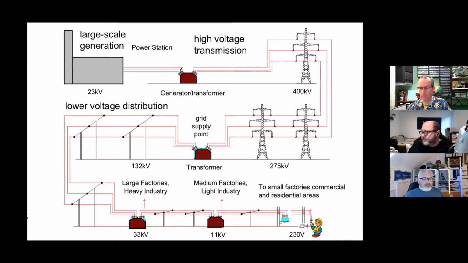So 275, a lot of the larger stuff, then goes into what is known as a grid supply point. Some people know of them as bulk supply points. For major projects like Crossrail and London Underground, they have bulk supply points where they come in and transform it down to 132. They can then manage that into 33 kV or 11 kV, depending on the supplies: large factories, heavy industry, light industry.